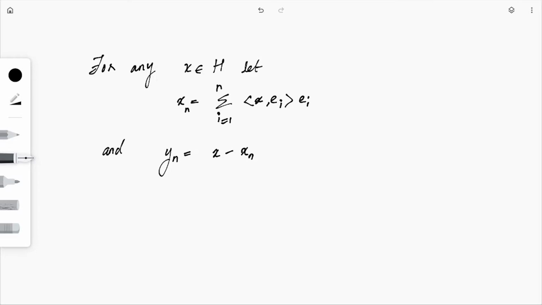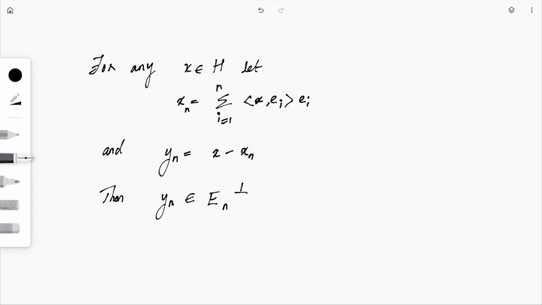So these two things we are assuming, that is, for any x in the Hilbert space H, xₙ is of this form, xₙ = Σ from i = 1 to n of ⟨x, eᵢ⟩eᵢ, and yₙ is x − xₙ. Now if we express yₙ as x − xₙ, then we can say that yₙ is an element of Eₙ orthogonal.